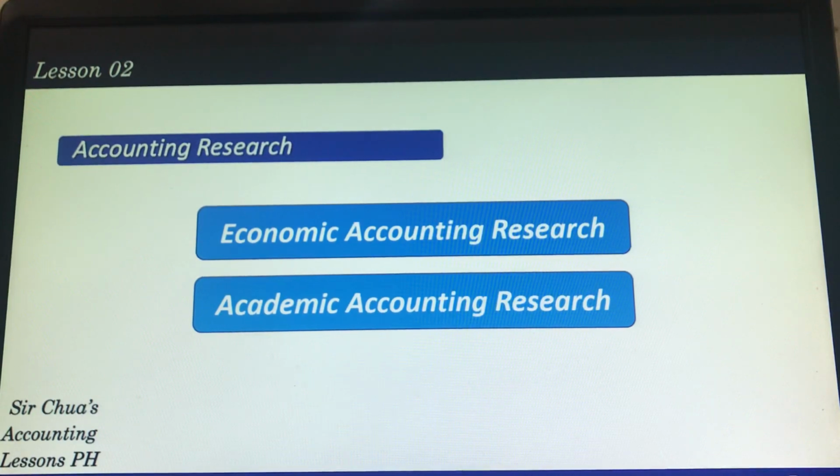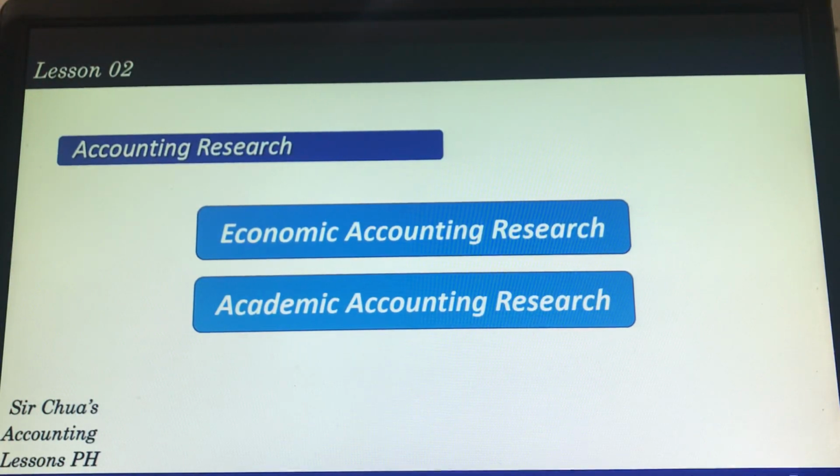For example, cryptocurrencies. Nag-emerge ang cryptocurrencies, but I think there is no specific accounting standard for that. So, not limiting us to that kind of situation, but there are numerous kinds of transactions na nag-emerge sa marketplace na kailangan nating tignan ng mabuti. Kaya nagkakaroon ng economic accounting research.